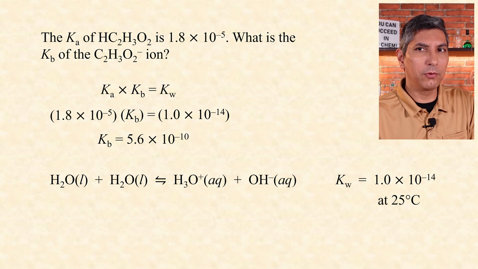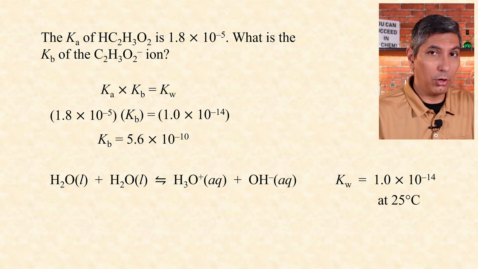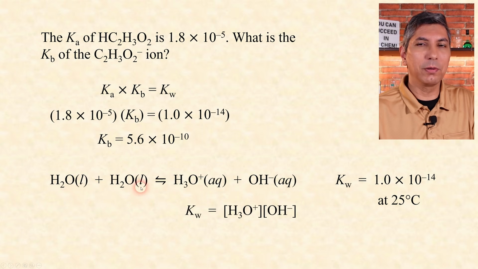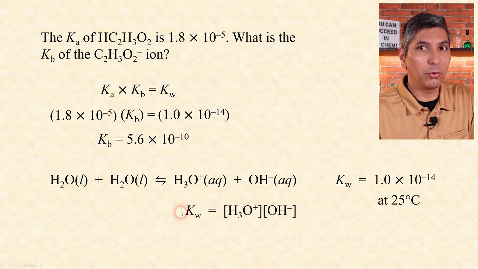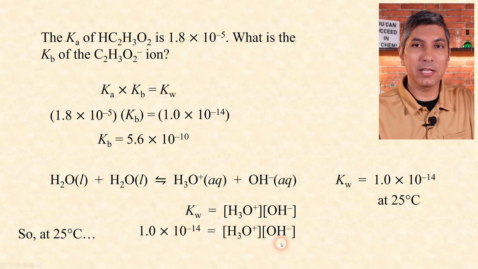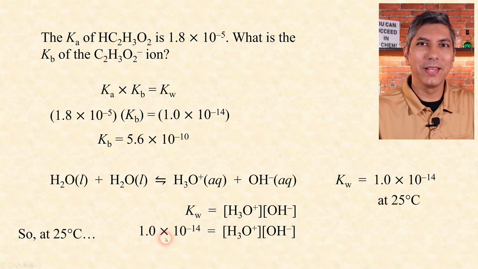Most of your problems involving acids and bases will be at 25 degrees Celsius. To write that equilibrium constant expression for Kw, we omit water because pure liquids are never included in equilibrium constant expressions. So at 25 degrees Celsius, the hydronium concentration times the hydroxide concentration always equals 1.0 times 10 to the negative 14th.